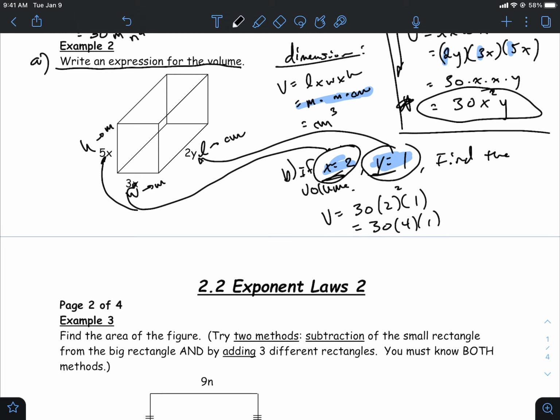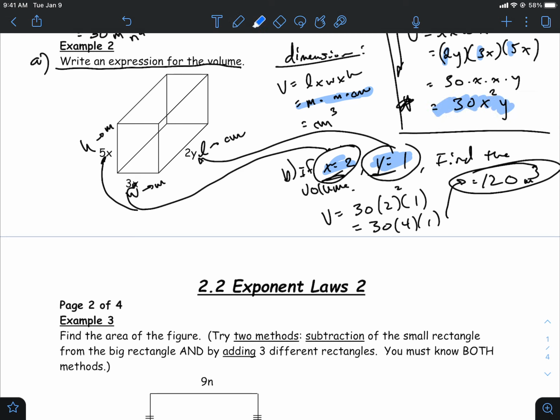Everybody see? So 30 times 4 would be 120. Happier? That's a good catch. I would have left that. Okay, so you're taking your x and y values and explicitly plugging them into the equation that you developed, or the expression that you developed. I'm going to hit stop there.